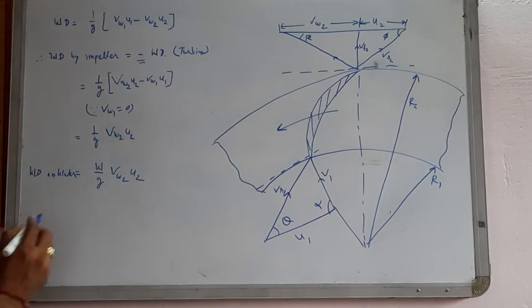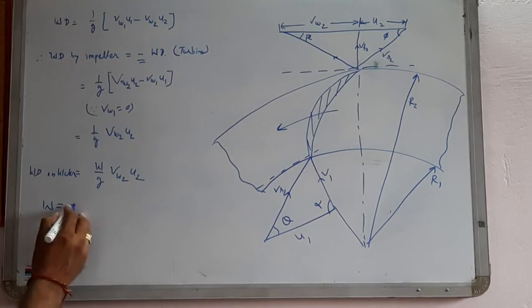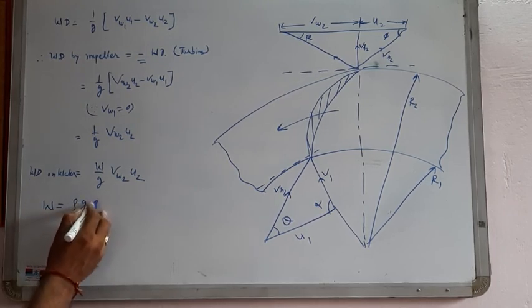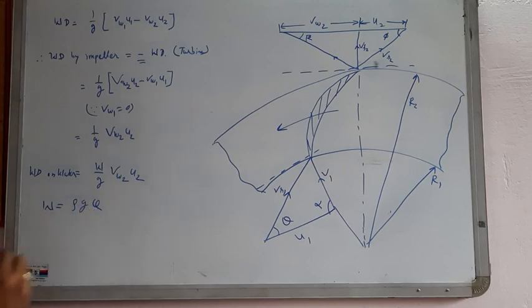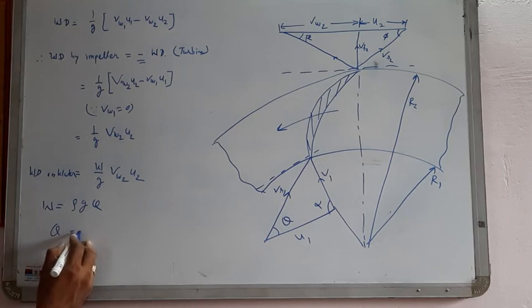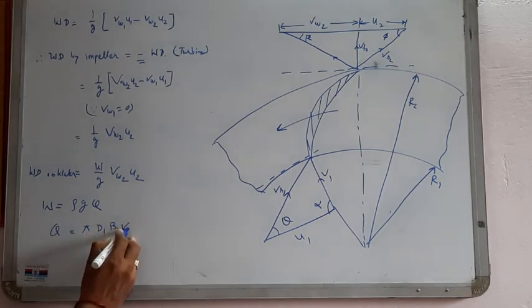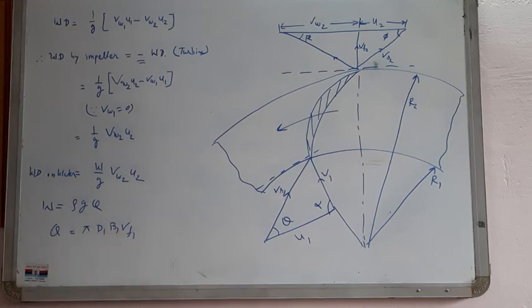And as we know, the value of W is rho g Q, and the Q is area into velocity of flow, that is pi d1 b1 Vf1, is the discharge.